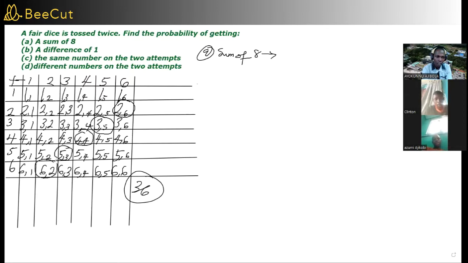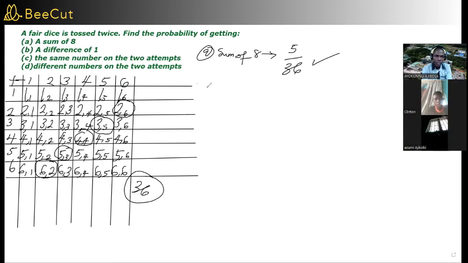That's 4. And lastly, 6 plus 2. So how many outcomes are there now? 1, 2, 3, 4, 5. So probability of getting sum of 8 is 5 over 36.